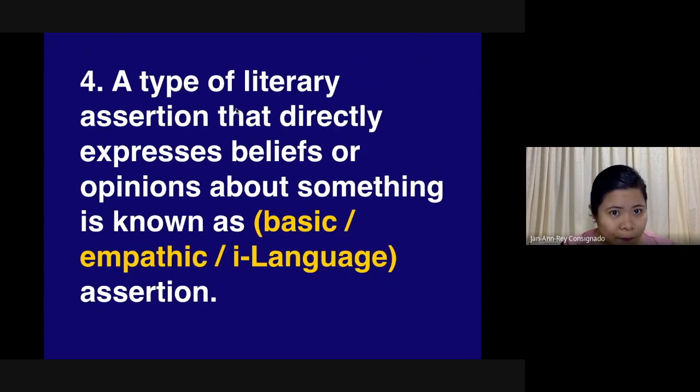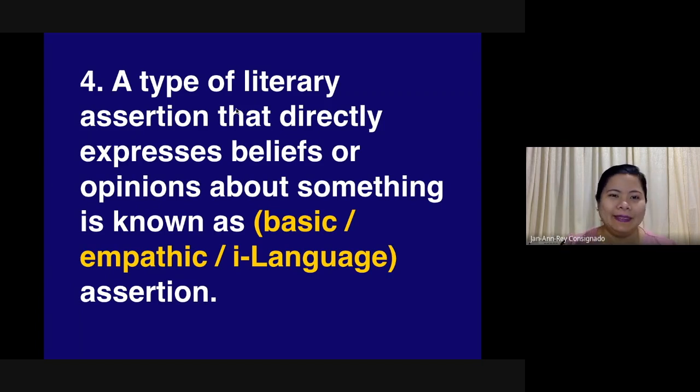Number 4, a type of literary assertion that directly expresses beliefs or opinions about something is known as basic, emphatic, or I language assertion. I'll repeat. A type of literary assertion that directly expresses beliefs or opinions about something is known as basic, emphatic, or I language assertion.